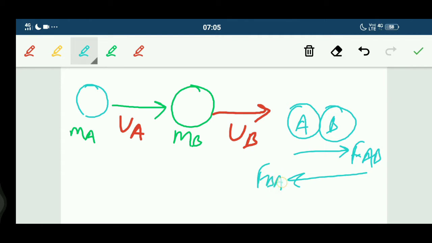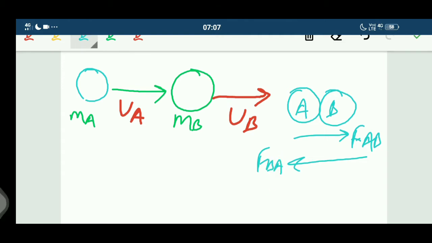So children, according to Newton's third law of motion, the force AB exerted by ball A on ball B, that is action. So you can see here, this is FAB. In this situation, the force AB is exerted by ball A, and the force is exerted on which ball? Ball B. So this is action.